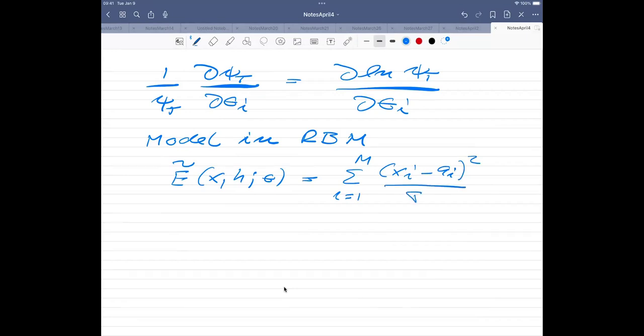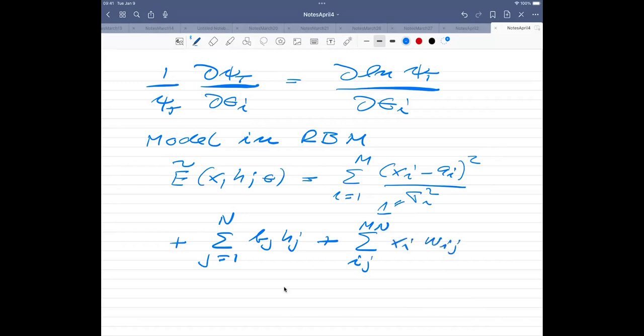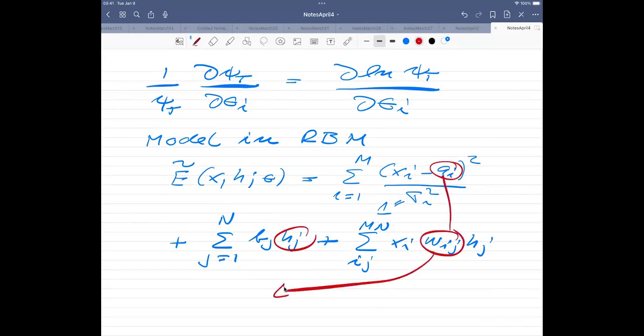And then we have divided by some variance, which we normally are just going to put equal to 1. Then the term x_i w_ij h_j. So the parameters which we need to train now are this one, and that one. So these are the parameters.